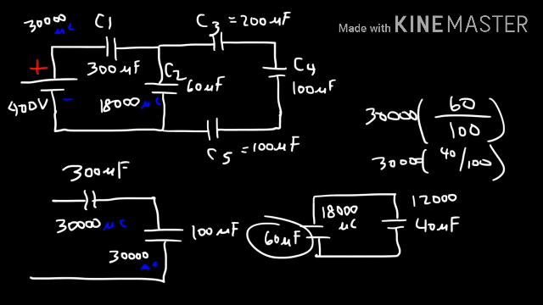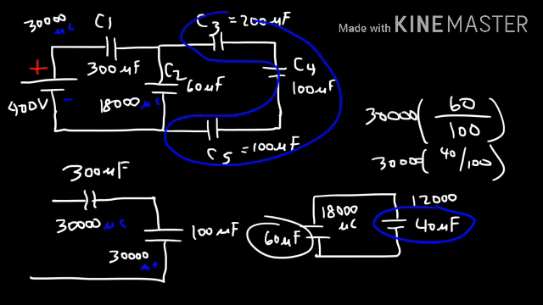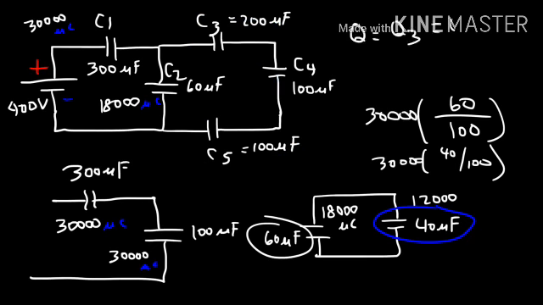Now let's focus on the 40 microfarad capacitor. We got that value from these three capacitors in series. And keep in mind, the charge of every capacitor in series is the same. And it's the same as the charge on the equivalent capacitor. So that means that Q is equal to Q3, which is equal to Q4, and that's equal to Q5.